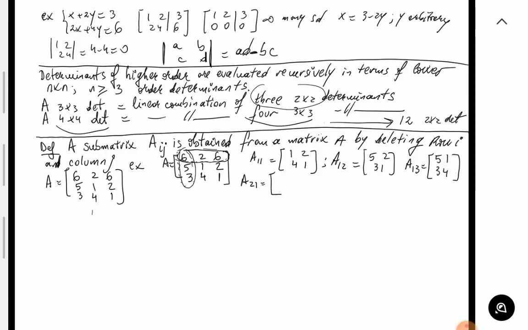Row 2, column 1 goes away. A21 is left with 2, 6, 4, 1. A22, row 2, column 2, you're left with 6, 6, 3, 1. Row 2, column 3, I'm left with 6, 2, 3, 4. And finally, the submatrices coming from the last row, row 3, column 1, that leaves 2, 6, 1, 2.